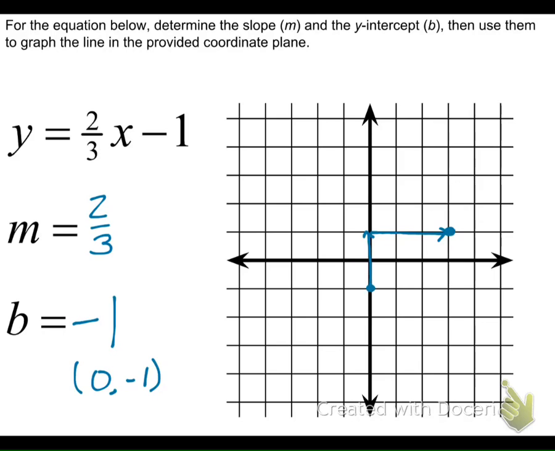So now I have at least 2 points and I can make my line, right? So make sure you use your straight edge. And arrows. Okay?